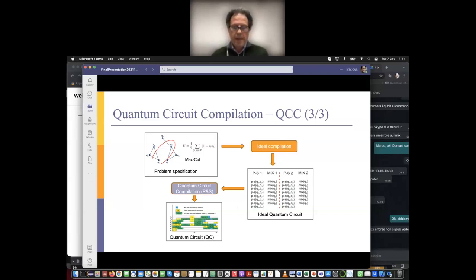The problem is to insert in the ideal circuit a particular gate called a swap gate. In this figure, the swap gates are the yellow blocks, and the others are the original gates from the ideal quantum circuit.